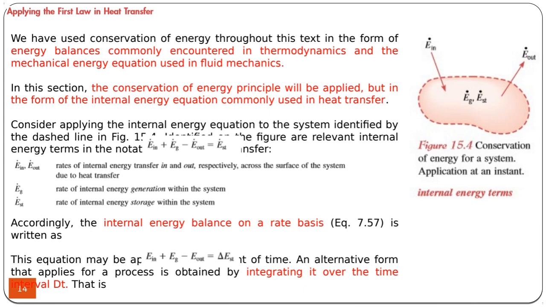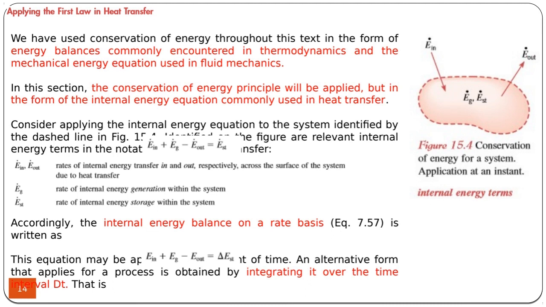Remember that in thermodynamics, we use the concept of conservation of energy. According to conservation of energy, the sum of the total energy, whether it's in terms of work or heat, will be causing a change of the system's energy.